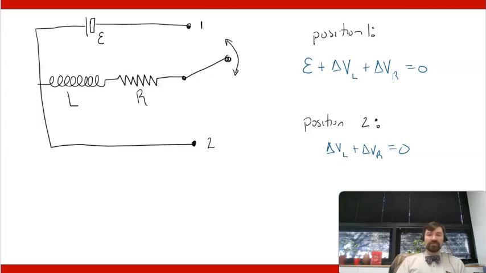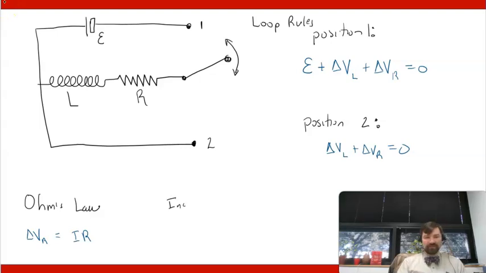So now we ask, okay, well, what are delta VL and delta VR? I've applied the loop rules, but I still have to apply things like Ohm's law and the definition for resistance. Ohm's law obviously just gives you the voltage drop across the resistor. It should be the current times the resistance.